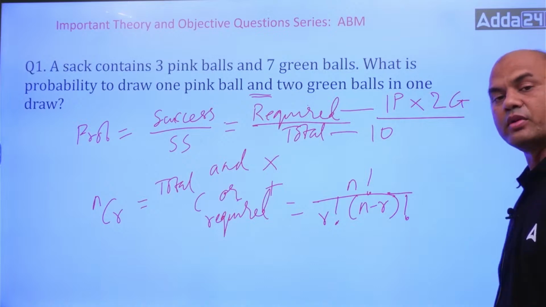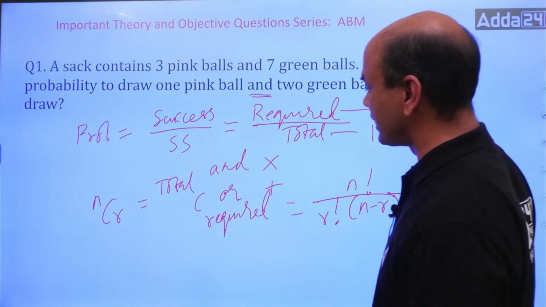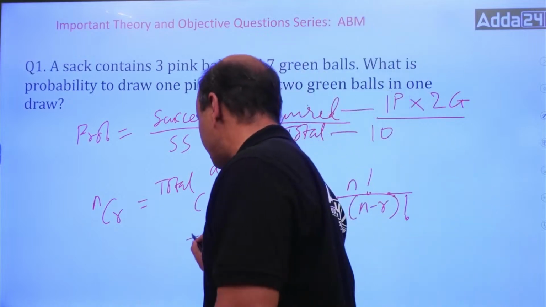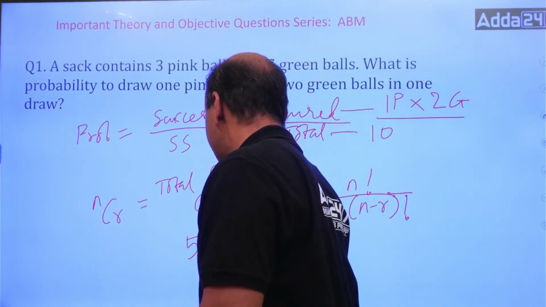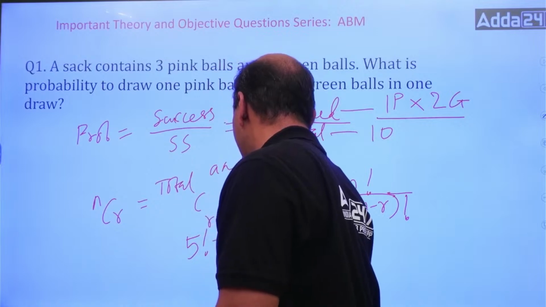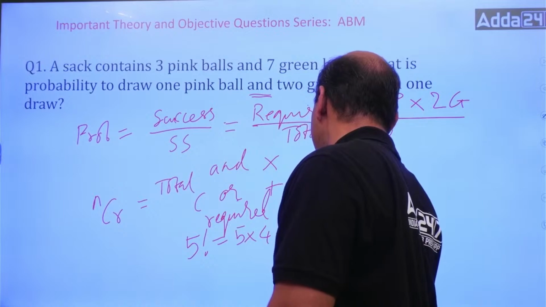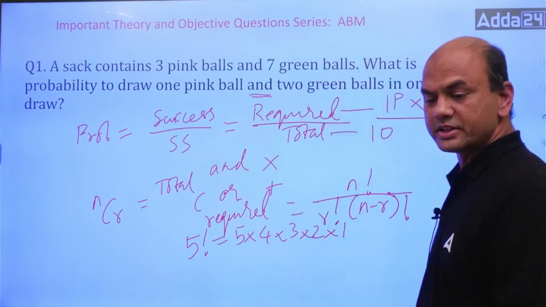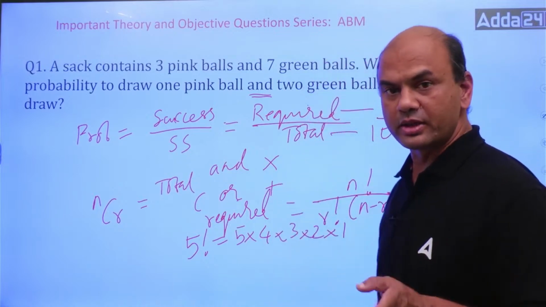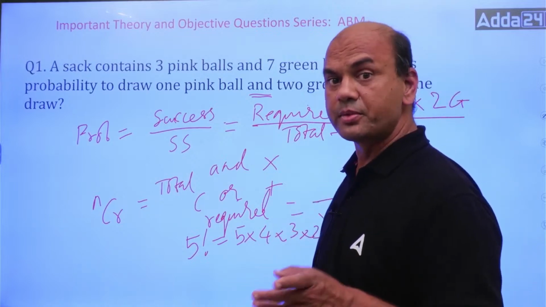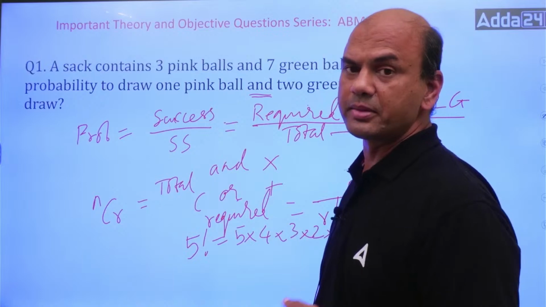Now what is factorial? Factorial means go on multiplying. Suppose I want 5 factorial, it means 5 into 4 into 3 into 2 into 1. Multiplication goes up to 1, not up to 0, because if you multiply by 0, everything will be 0.